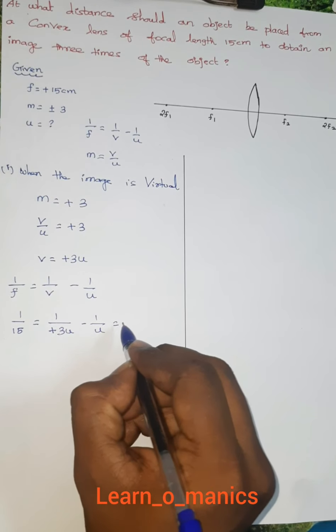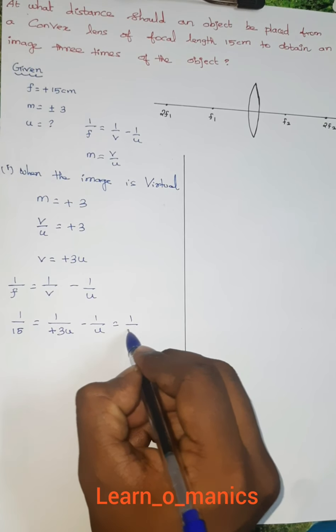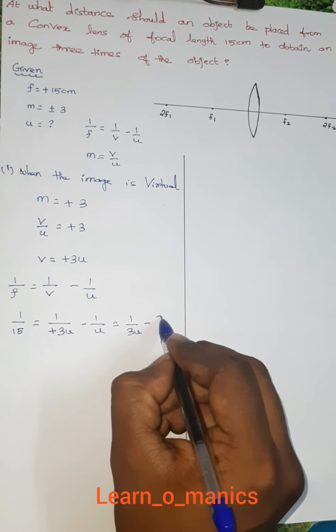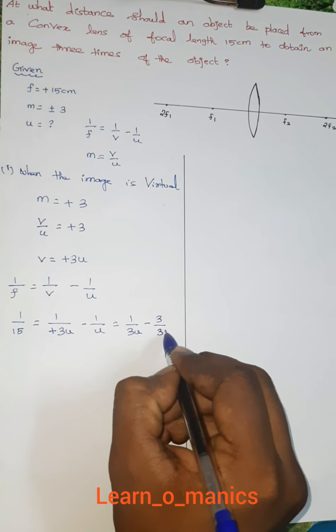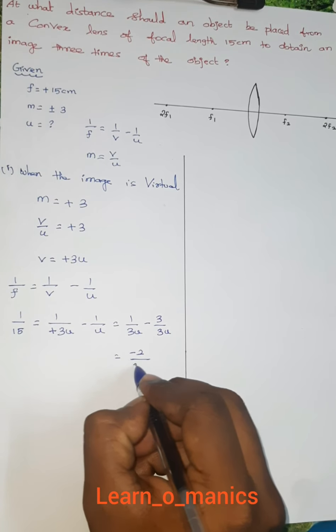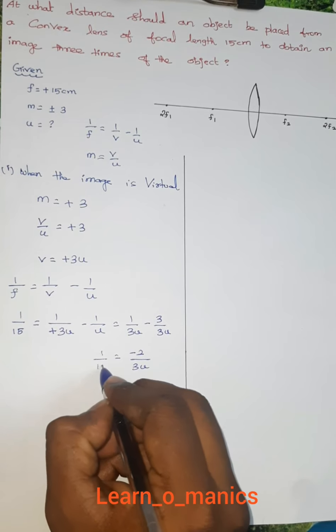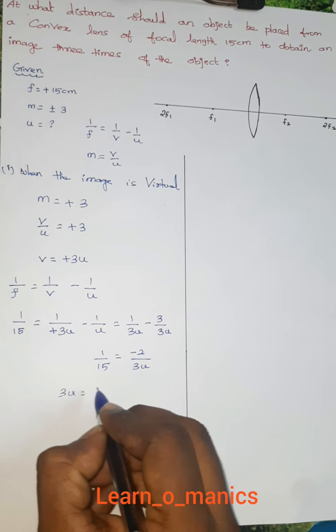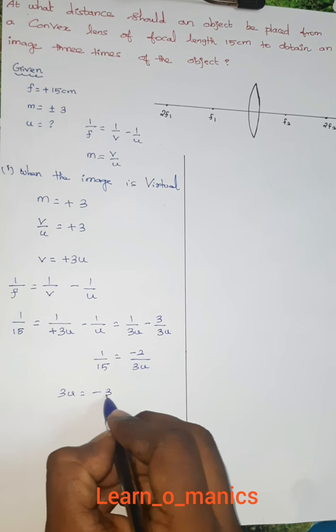Then as per the LCM, the LCM is 3u. When I multiply by 3 on both the numerator and denominator, it becomes 3u again here. So then it becomes minus 2 divided by 3u equals 1 by 15. That means cross multiplication: 3u equals 15 into 2, 30, that is minus 30.